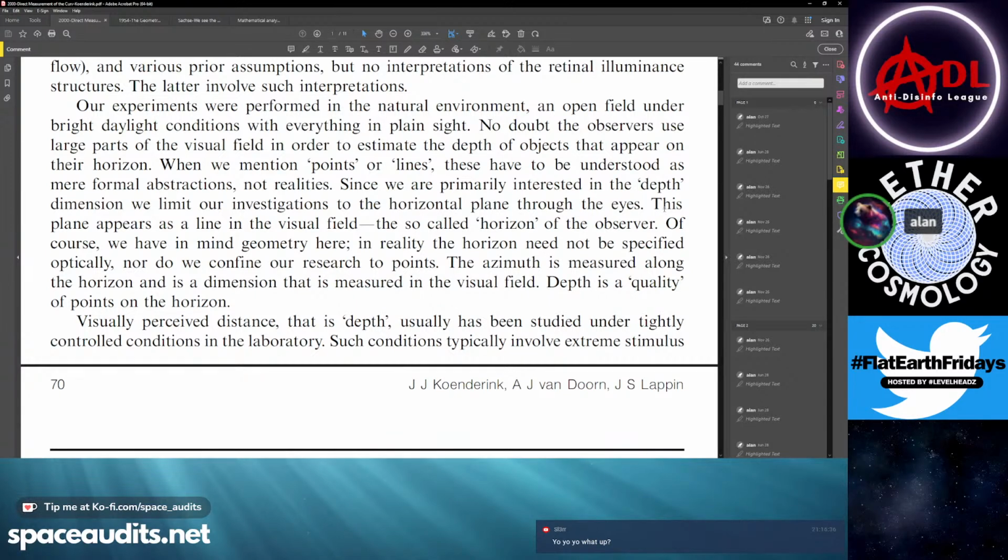This plane appears as the visual line in the visual field, the so-called horizon of the observer. Of course, we have in mind geometry here. In reality, the horizon need not be specified optically, nor do we confine our research to points. The azimuth is measured along the horizon as a dimension that is measured in the visual field. The depth is the quality of the points on the horizon.